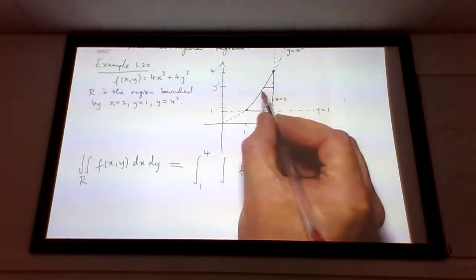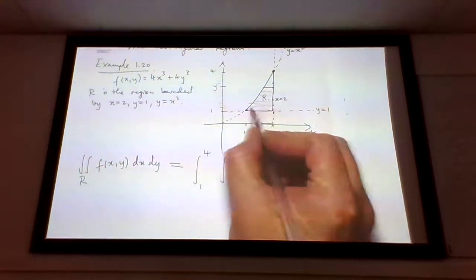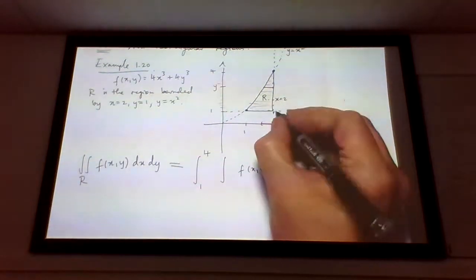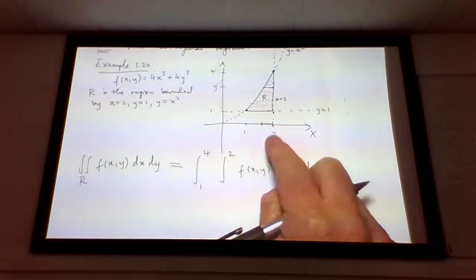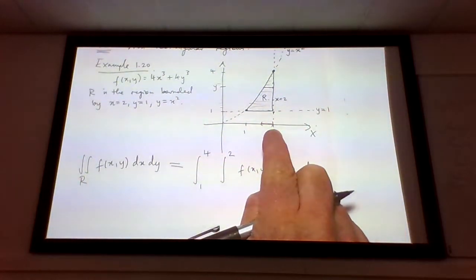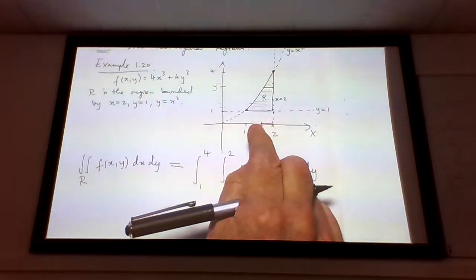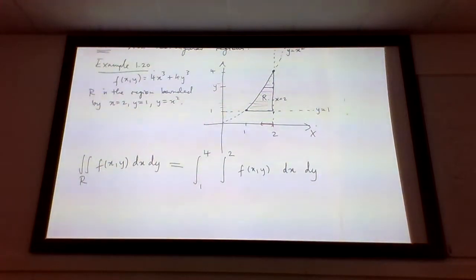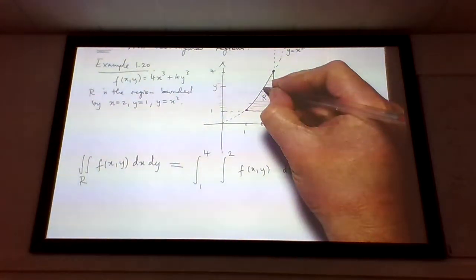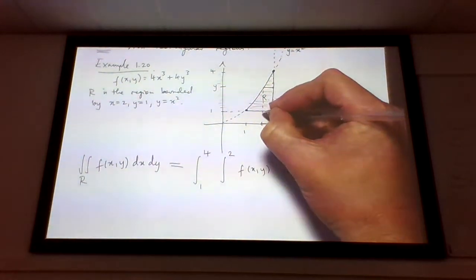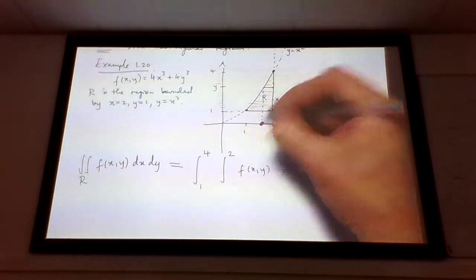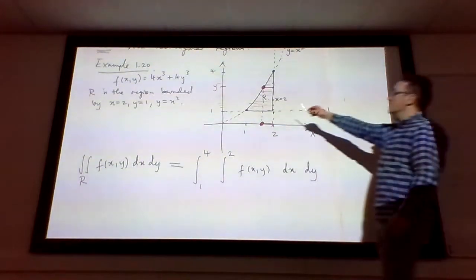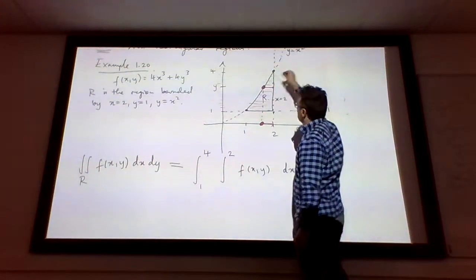But you see, these horizontal strips that go across the region, they always end on the value 2. You always integrate up to x equals 2, but the value of x that you start at depends on the precise value of y. Okay? The value of x that you start at is the value of x that lies exactly underneath the point on this boundary curve of the region.